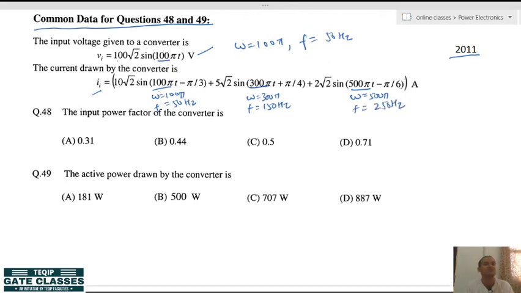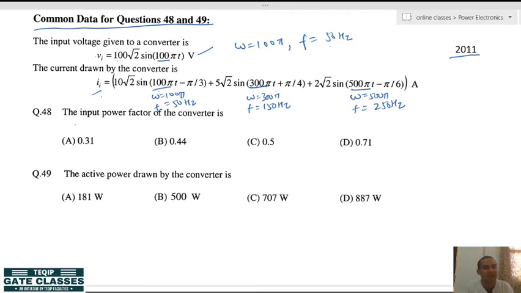So, from this you please remember that if you multiply Vi and Ii, you get power only for the 50 hertz component. I have already explained this in basic electrical engineering, which you have also studied, and I have also explained in my lectures that the power flows only when the same frequency components are present. Alright, otherwise active power does not flow. Alright, and similarly the power factor also.